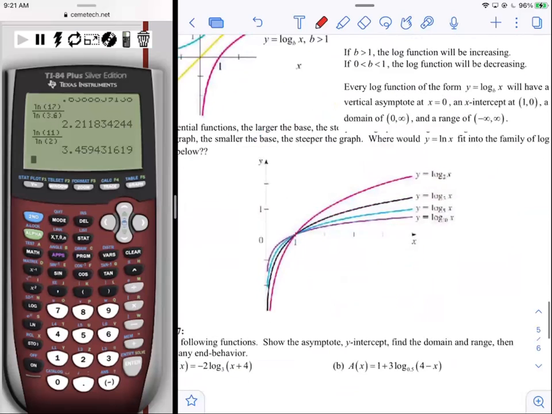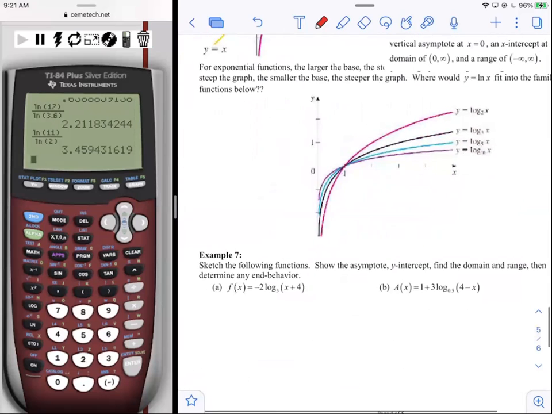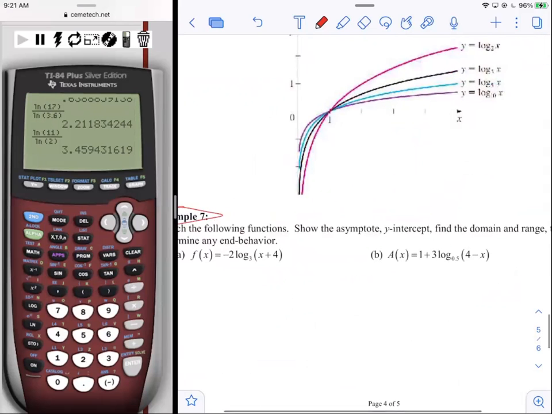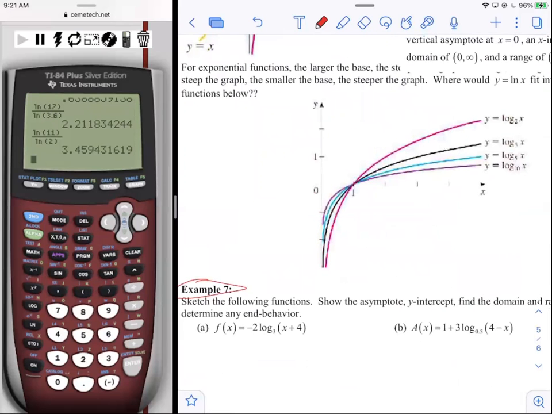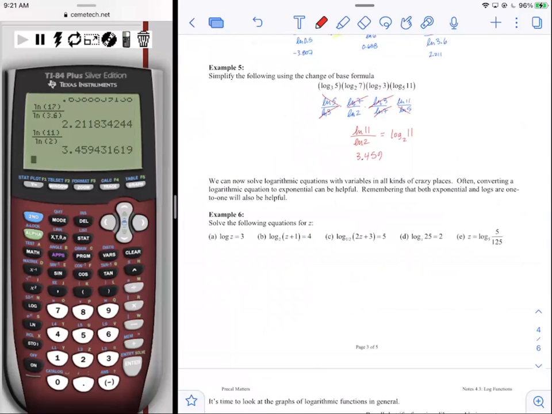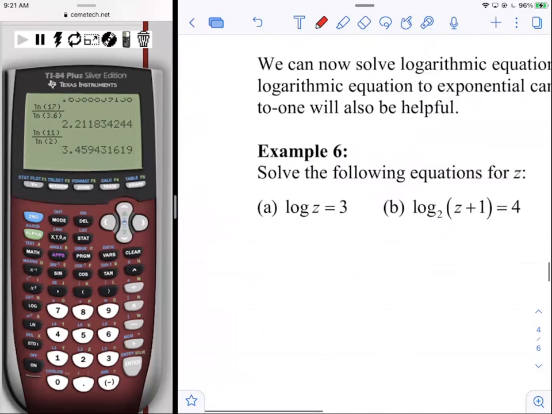I'll do it after I get through this right here. Example 7, we'll return to the change of base formula. So for right now, let's look at example 6. I kind of went a little out of order.